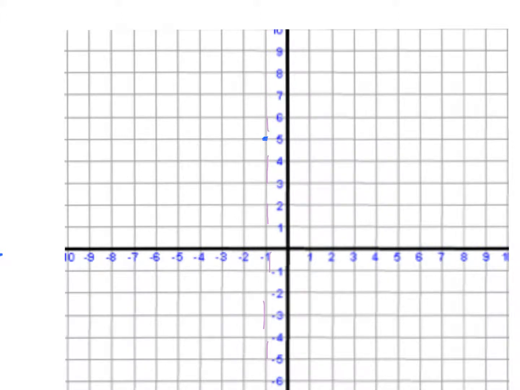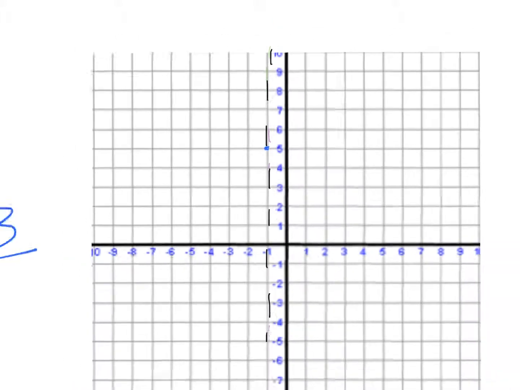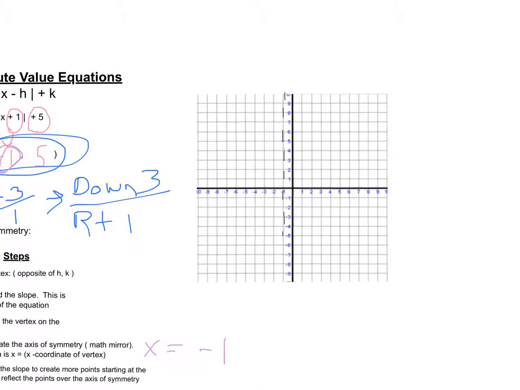Yeah, let me clear that out. Let's try the green. I really can't see that either. Try the black. Again, this is my first time with this program, so I'm trying it out a little bit here. Okay. So there's our axis of symmetry.